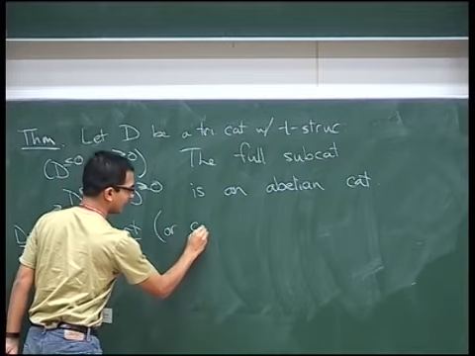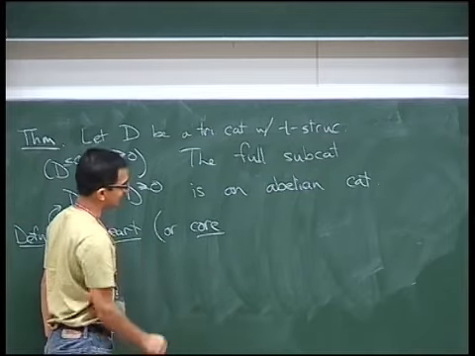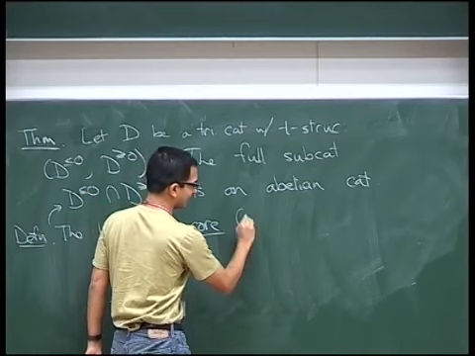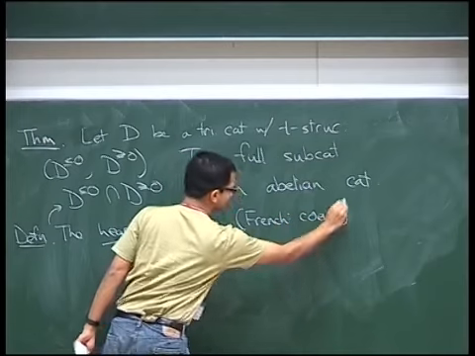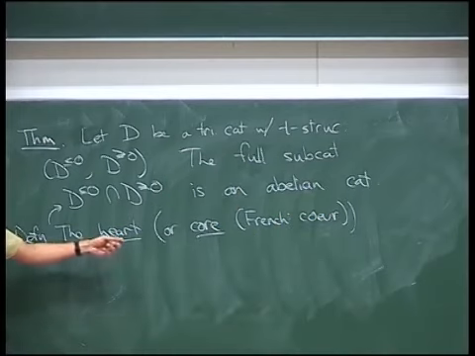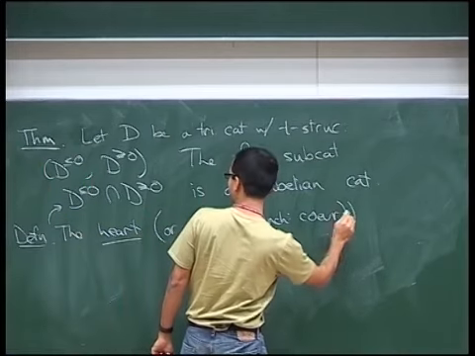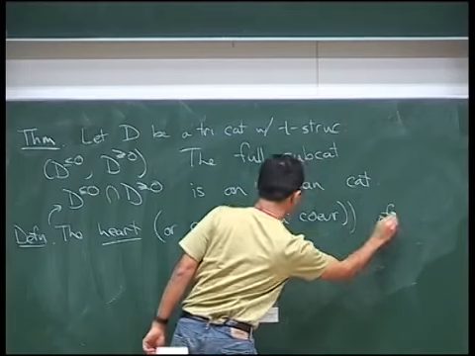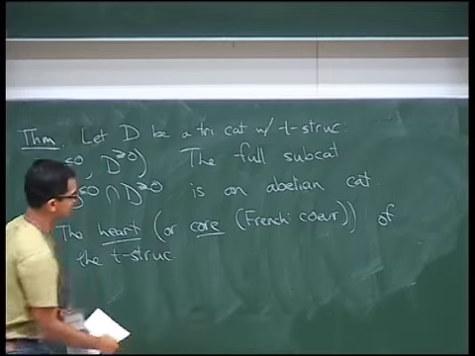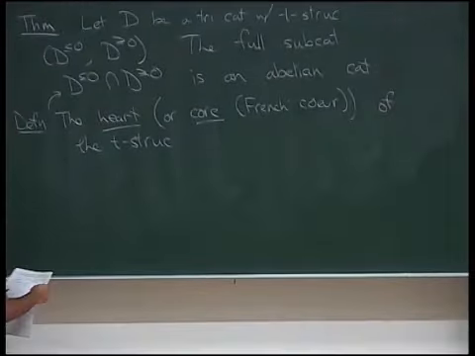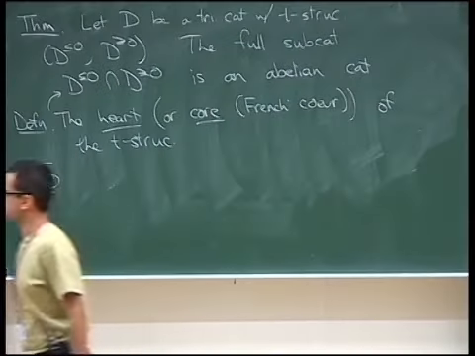Sometimes it's called the core, and then, well, I guess in French it's called cœur. So my conjecture is that cœur means heart, and core seems to be sort of a mistranslation. So anyway, this is the heart of the T structure. So, for example 0, what's the heart of the T structure?